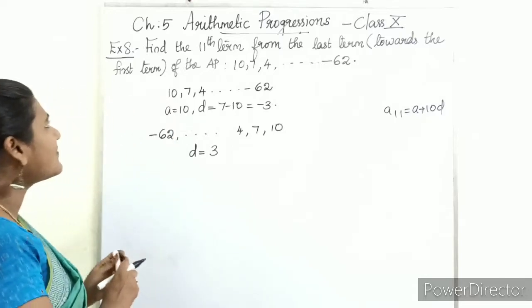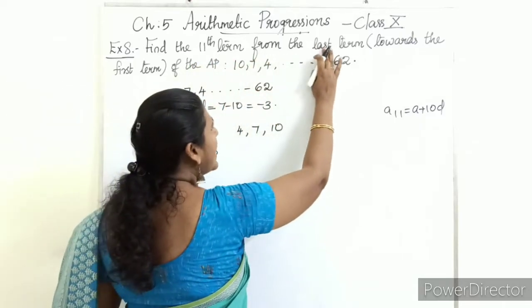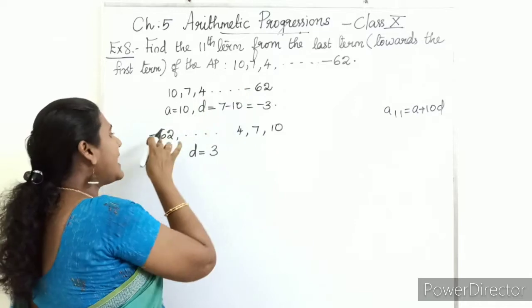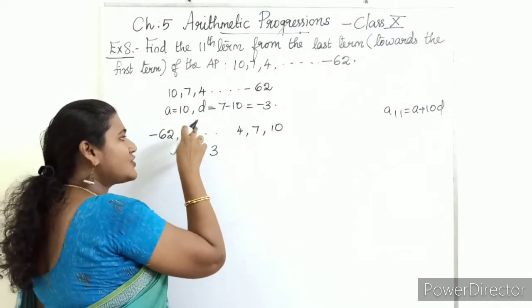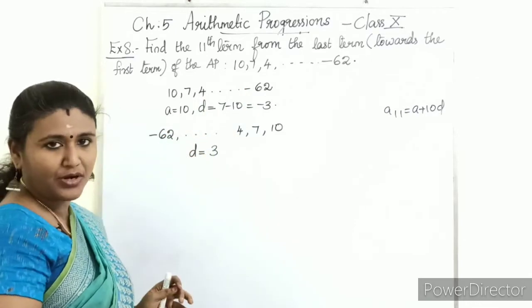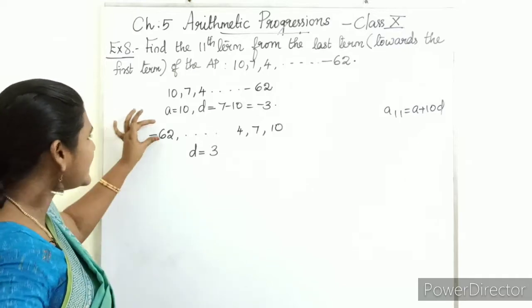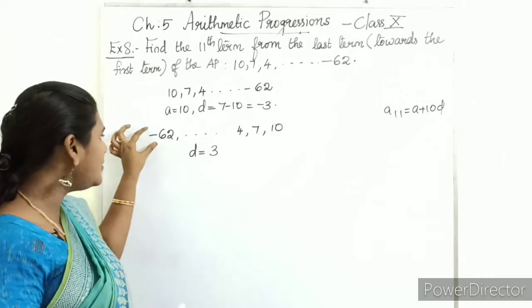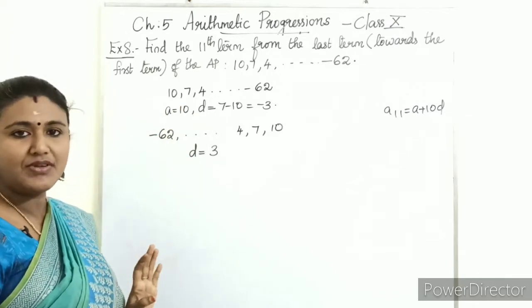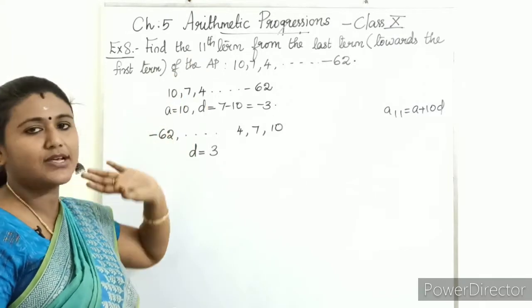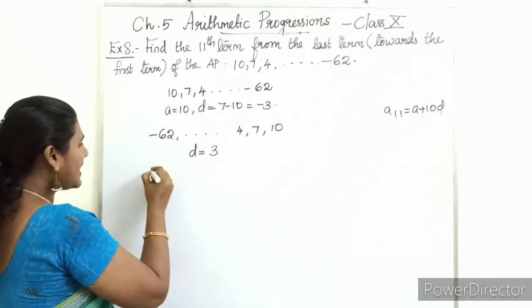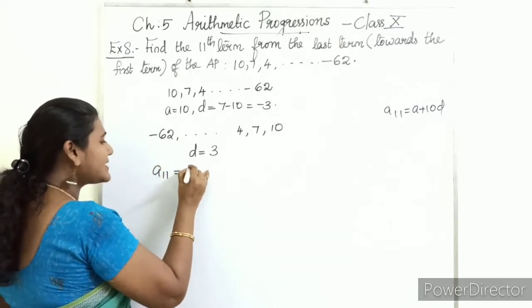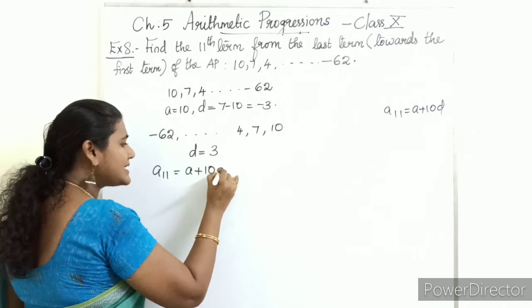Now you see here, the 11th term from the last of this AP and the 11th term from the first of the reversed AP are the same. So for this AP we will find A11 using that formula. The new AP's 11th term will be the answer for the given question. The formula for A11 is A plus 10D.